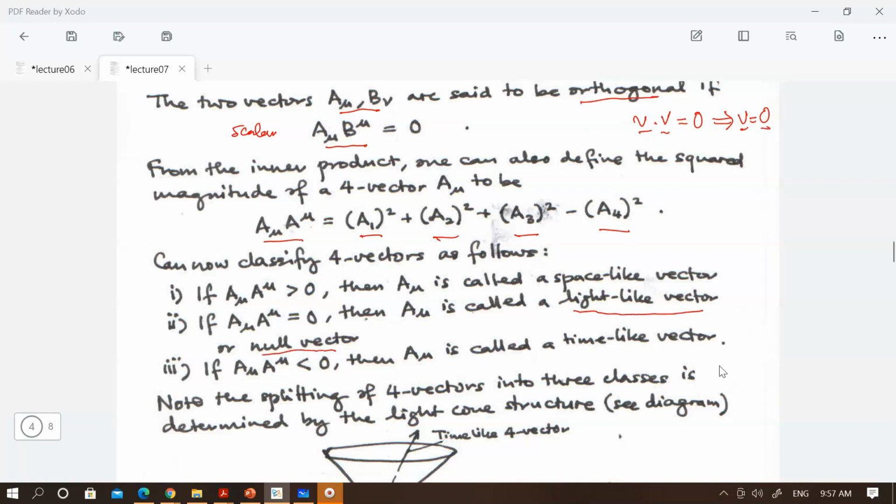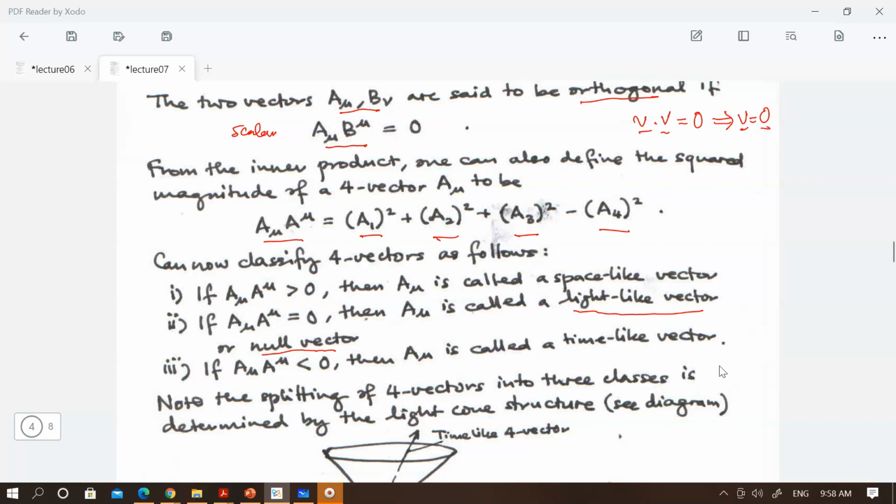And that null vector doesn't mean that it has all components 0. Okay, it's a null vector saying that somehow when you add this thing up, it gives you a 0 answer. And you can have that. What happens is that this positive quantity might cancel off this negative quantity.